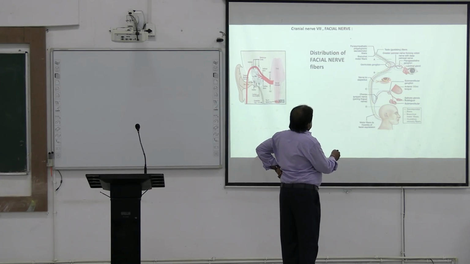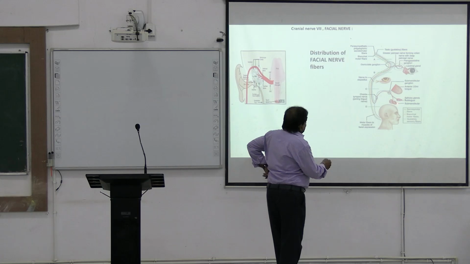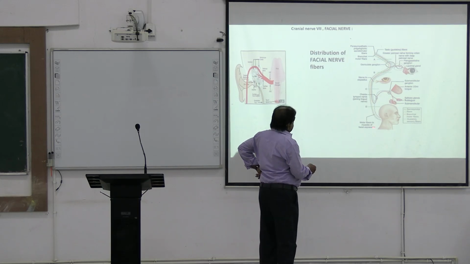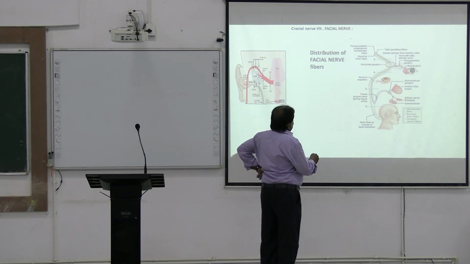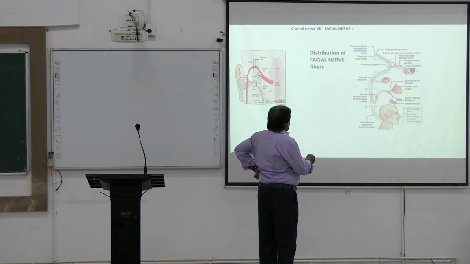Now, nerve to stapedius, the submandibular ganglion, anterior two-thirds of the tongue, salivary glands of sublingual glands, submandibular gland, the motor fibers to muscles of the facial expression, and chorda tympani nerve joining the lingual nerve.